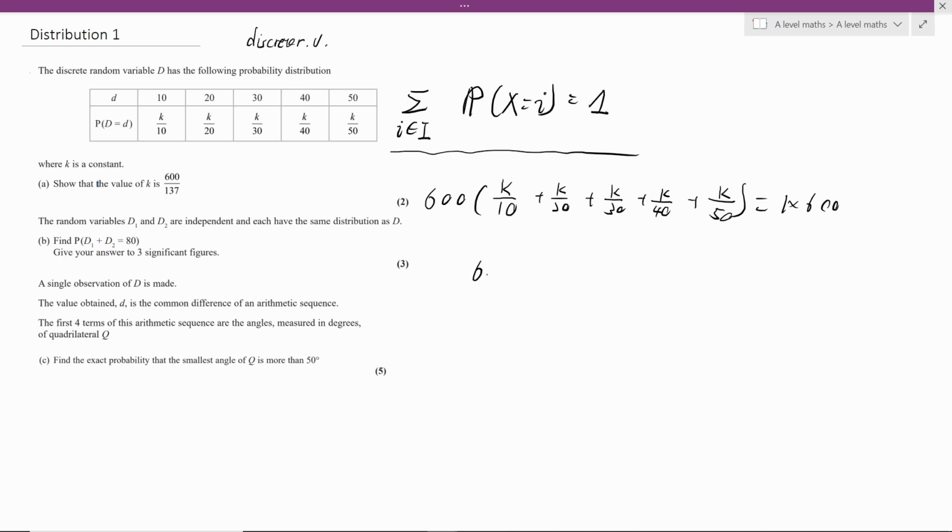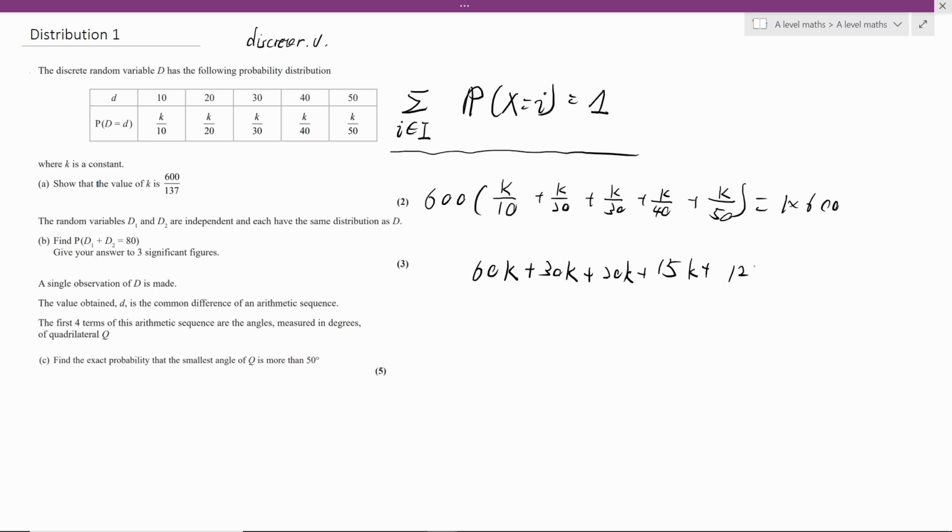So now we're going to have 60k plus 30k plus 20k plus 60 over 4. Damn, it's not divisible, is it? Actually it is: 600 over 40 is 15, so it's 15k.